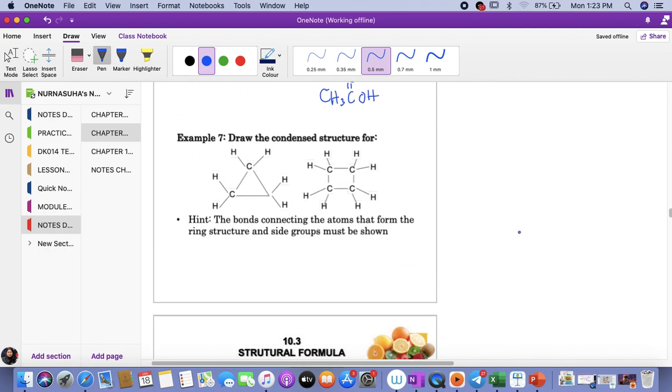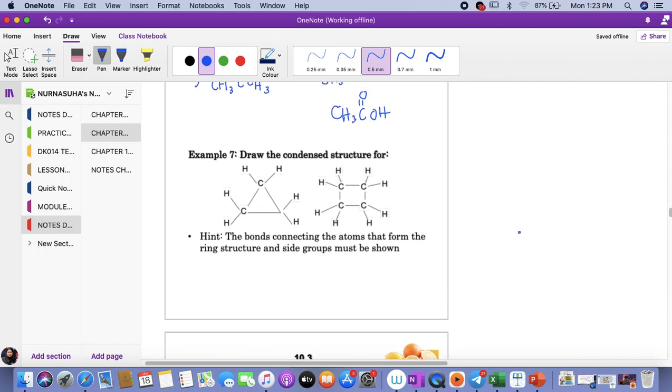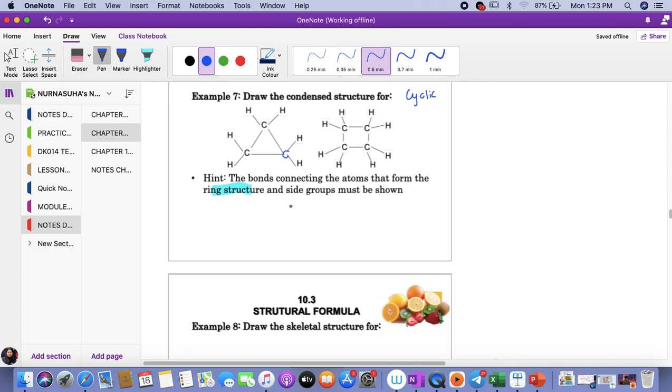Let's proceed to the last example for condensed structure. Okay, this one Miss ada explain tadi. If your compound is a ring structure, maksudnya kalau compound awak ni cyclic structure, macam tadi Miss cakap, jangan awak potong dia. Leave it as it is. Contoh, untuk compound A, segitiga kan?